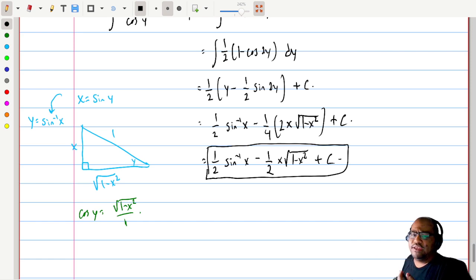So we've tackled how to do a trig sub here and how to tackle a basic trigonometric integral. Now let's do another one that might give us something a little more fun here.